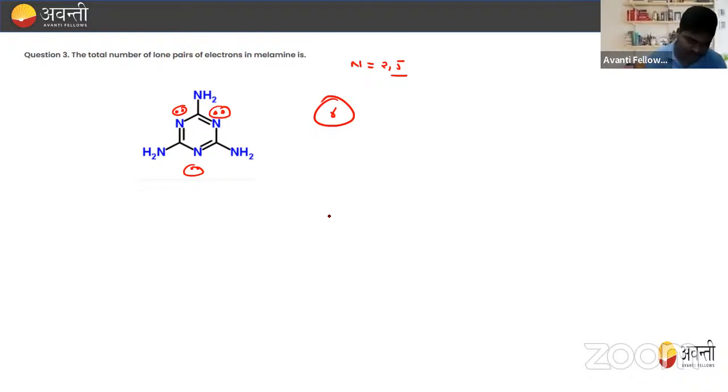Sometimes this type of question also comes: the total number of lone pairs of electrons that take place in the resonance. Then also we can say 6 electrons.